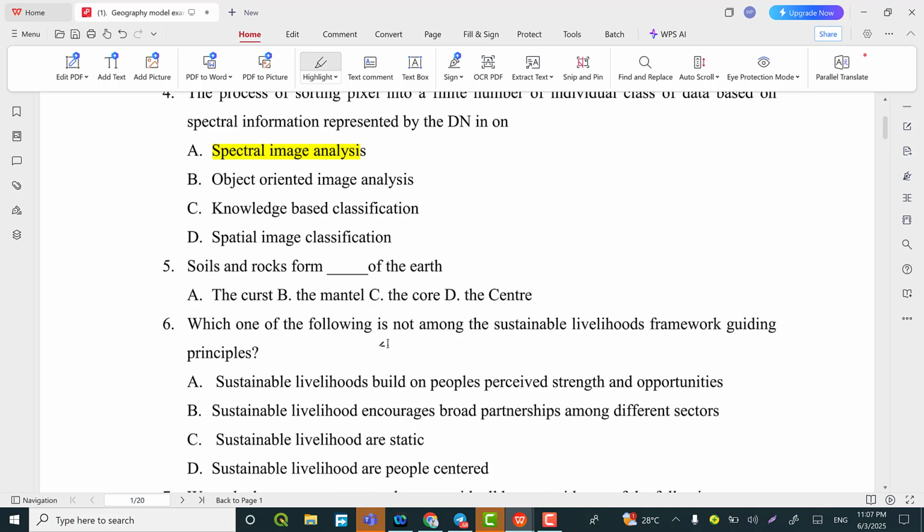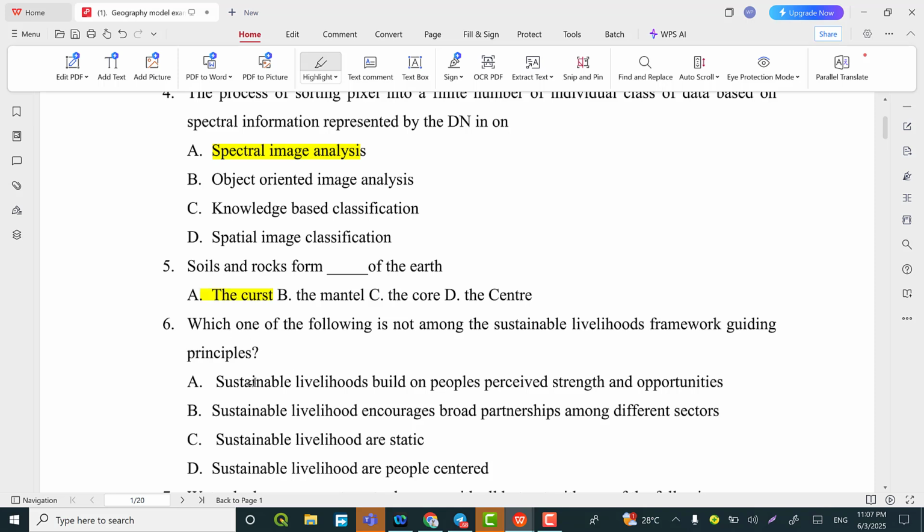Within the mantle there is magma, which is liquid because of the higher temperature within the internal part of the Earth. The core is the lower part of the Earth, and there is an outer core and inner core. Therefore, from the available options, soil and rock are found in the upper layer of the Earth, which is called the crust.